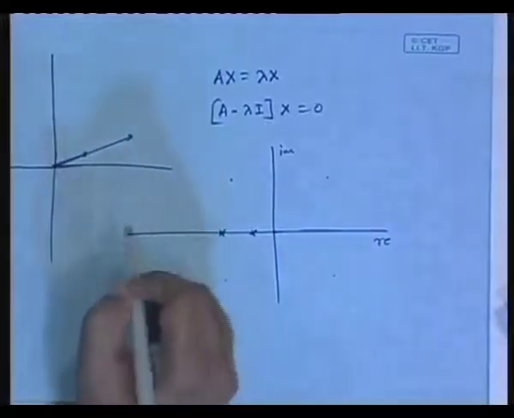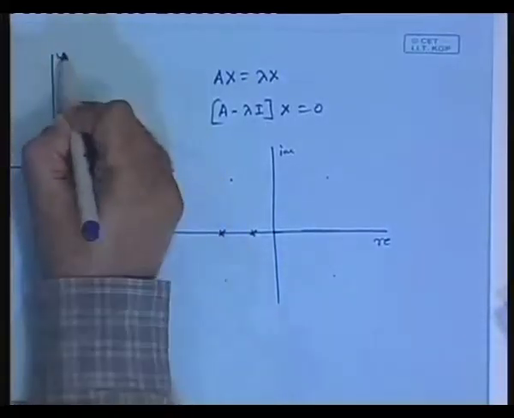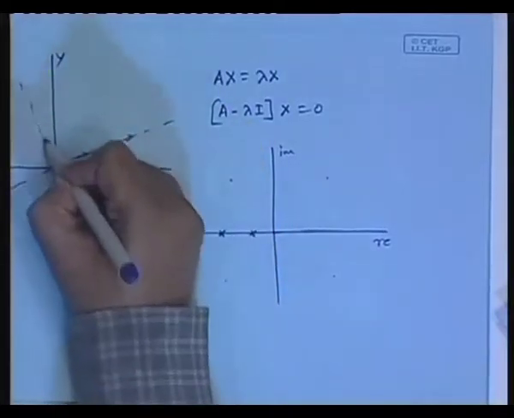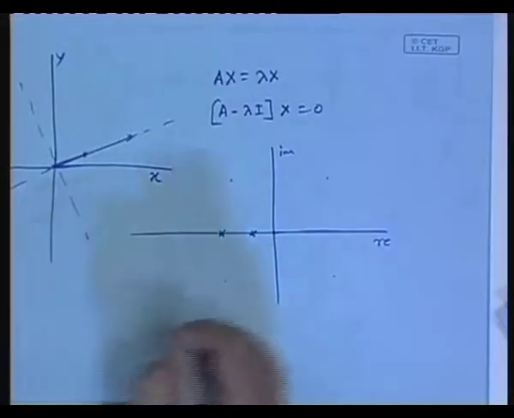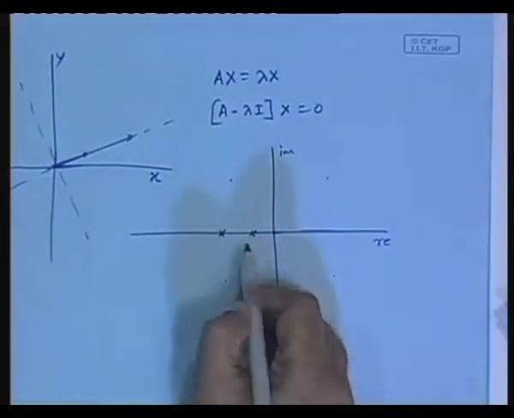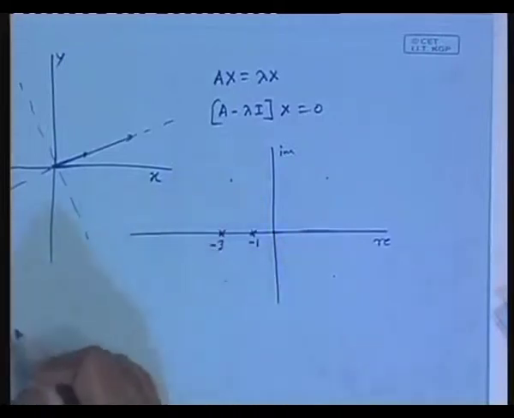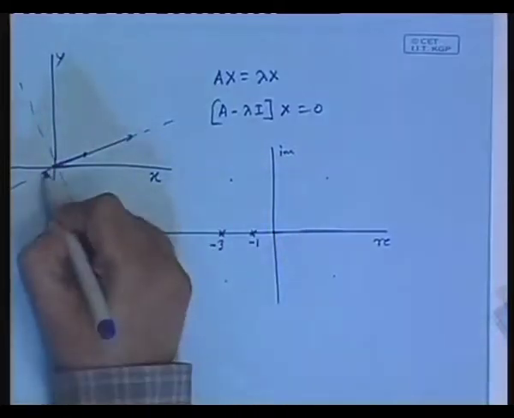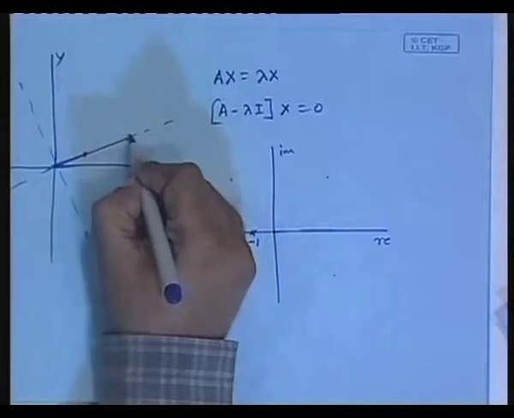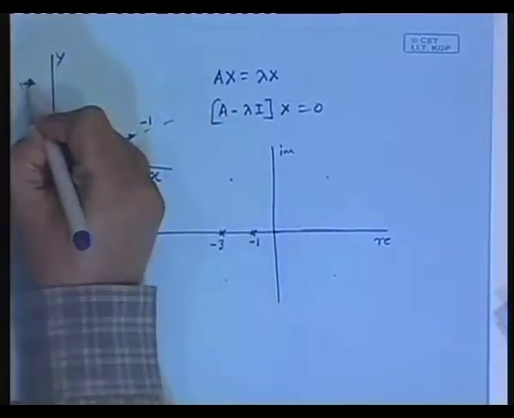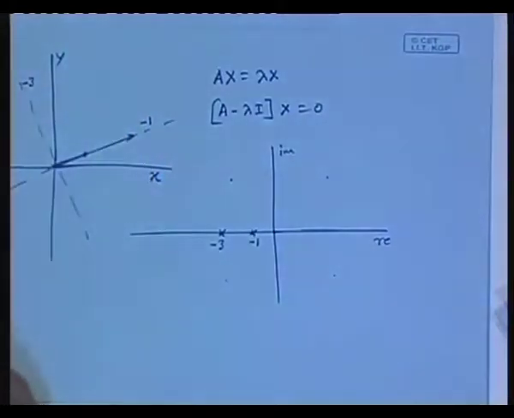So in a system, if this is your x and y, and this is one eigen direction and this is another eigen direction, and along this one there is an eigenvalue at -1, and along this another eigenvalue at -3. What does it mean?